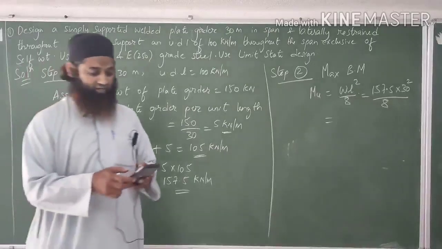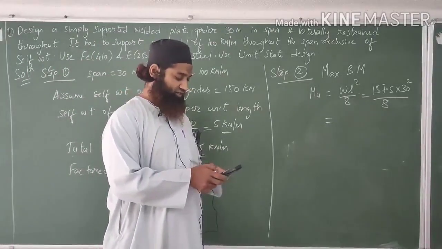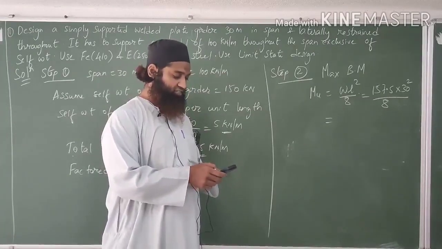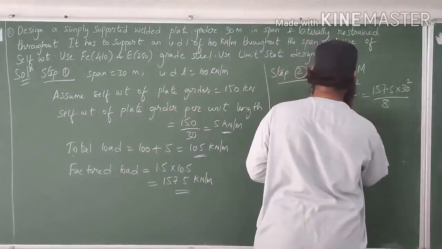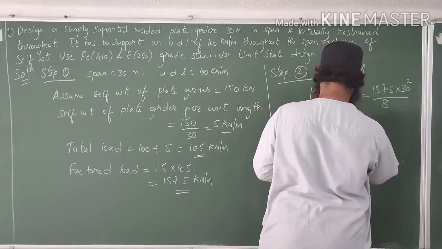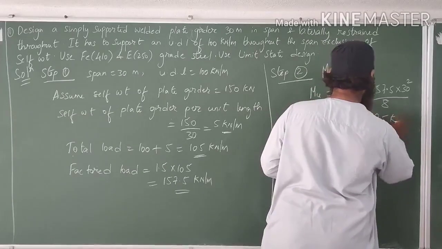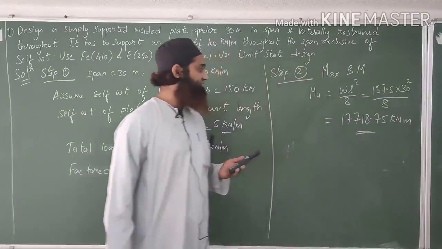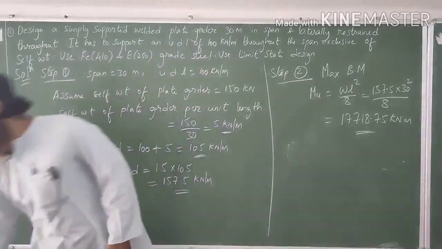What is the value we are getting? 157.5 into 30 square divided by 8, we are getting it as 17718.75 kilonewton meter. Okay, this is what we have got.